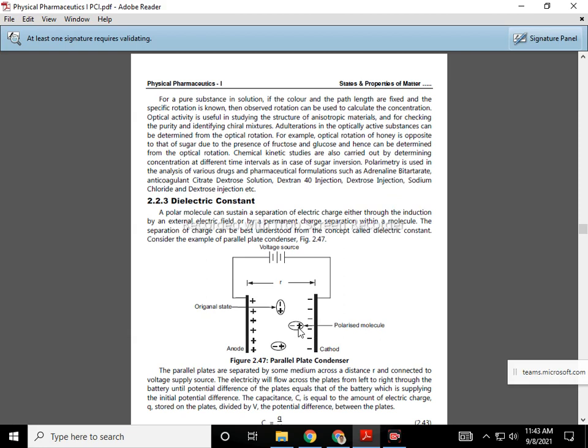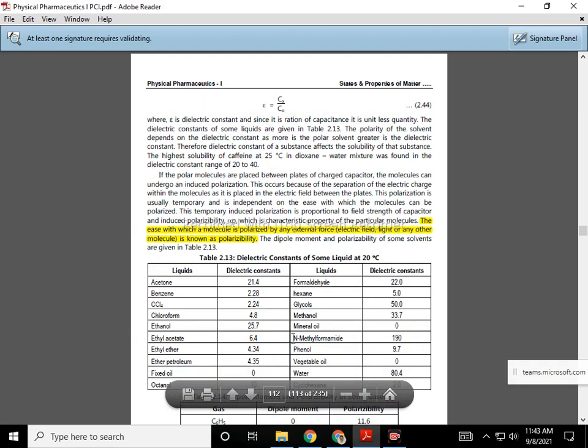In such cases we can say polarizability is not too high, so its dielectric constant value may be less. Take the example of acetone, take the example of formaldehyde. They do not have so much dipolar nature, just like the water.